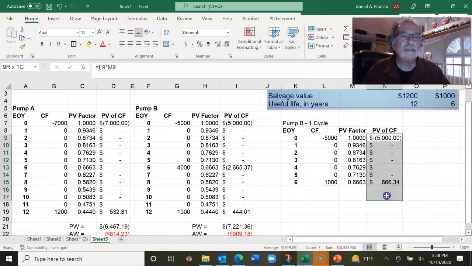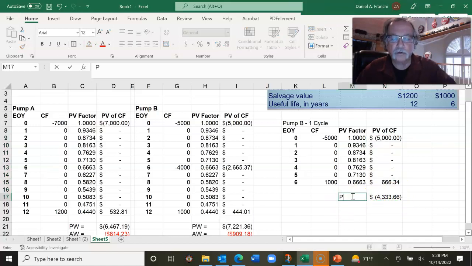And we're going to have a present cost of pump B of one cycle of $433.66. So this is the present worth.